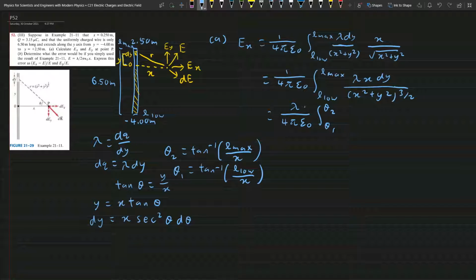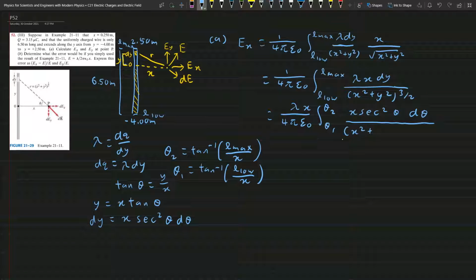Now x is also a constant, so dy will just equal x sec square theta d theta. But now x square plus y square, with y given by here, we square it, we get x square tangent theta square, to the power of 3 over 2, over 4 pi epsilon.